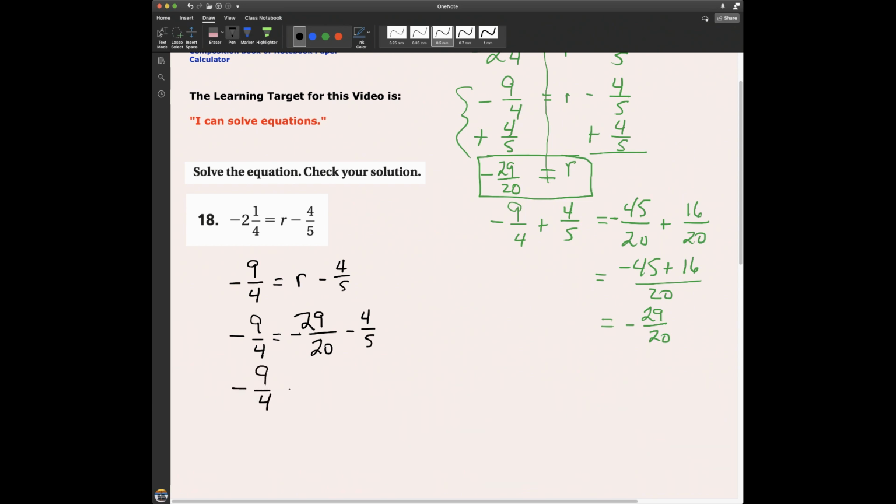-9/4 equals -29 over 20 minus, this has to also be over 20, and this is a 16. Because 5 times 4 gives me 20, so 4 times 4 is 16. And then in the numerator, let's see what I end up with here.